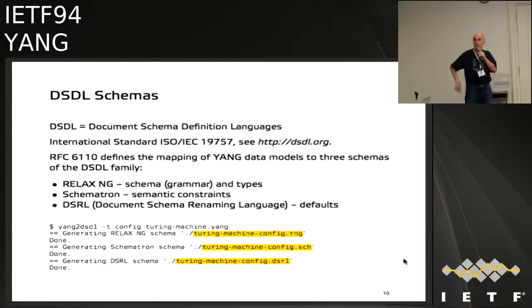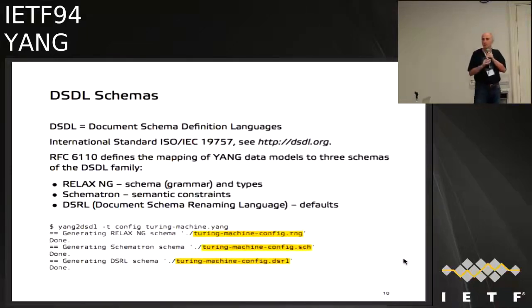So we decided to use these schemas for validating XML, and there is a standard mapping of YANG data models to DSDL schemas. This is described in RFC 6110, and it's implemented in Pyang in the DSDL plugin.